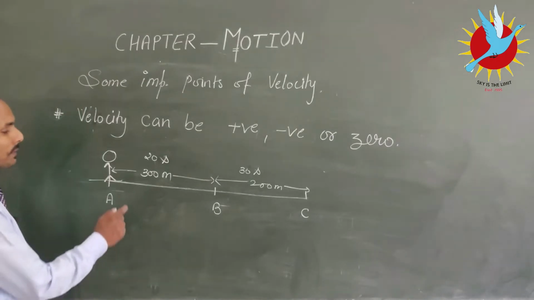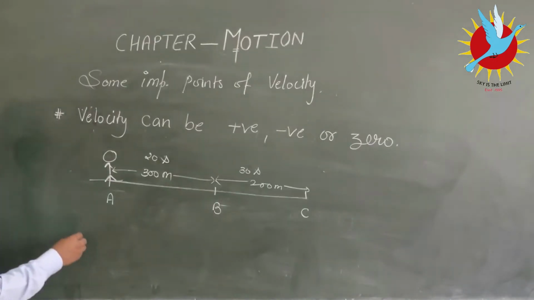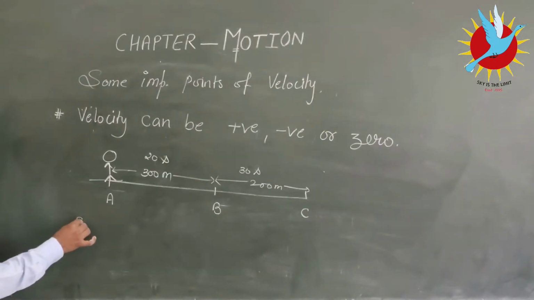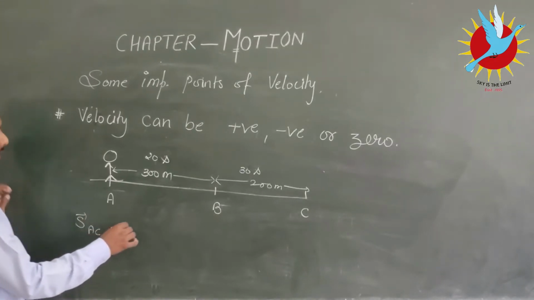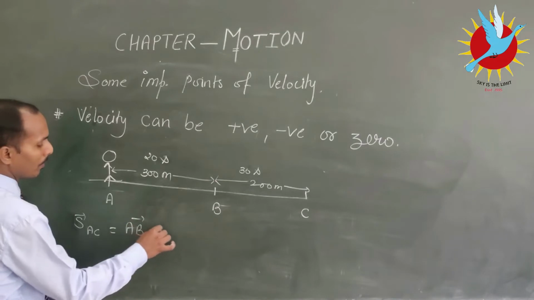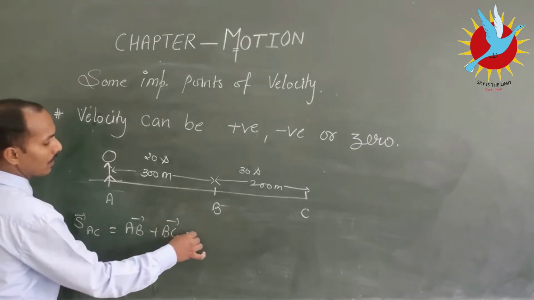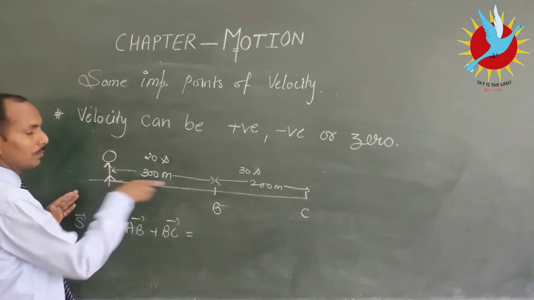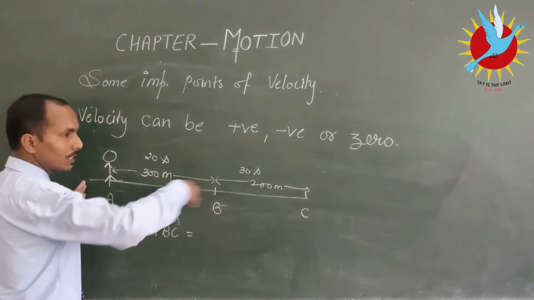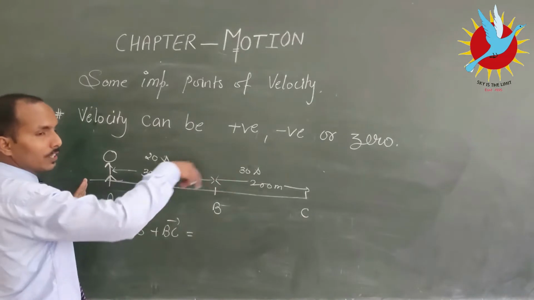Now calculate the displacement from A to C. Its displacement is AB plus BC, the shortest path, because this is a straight road.